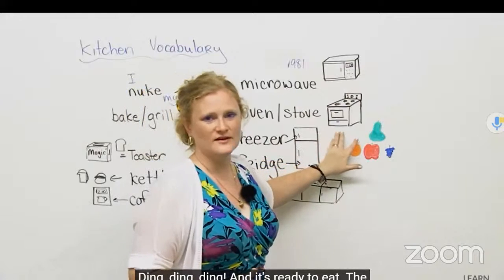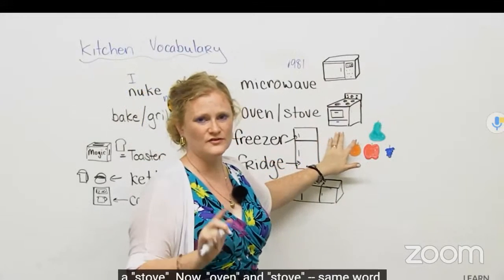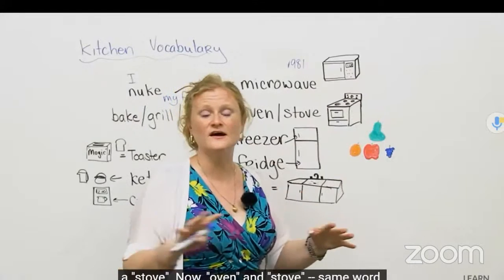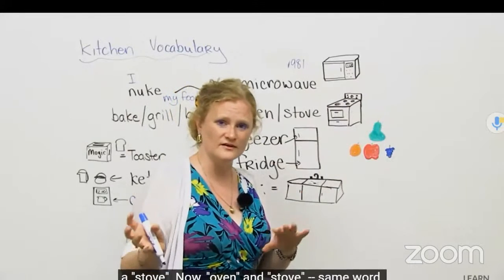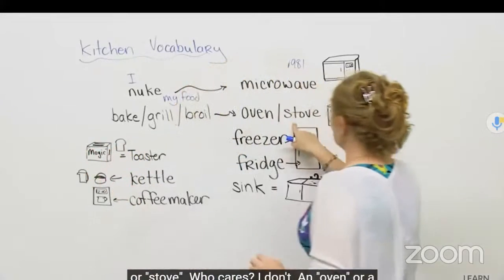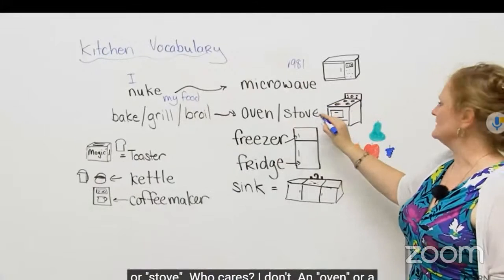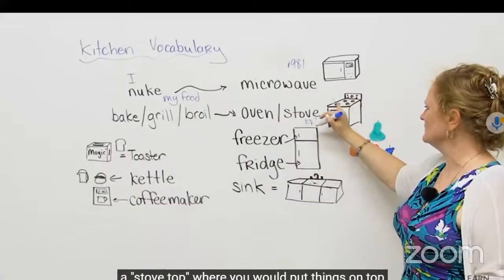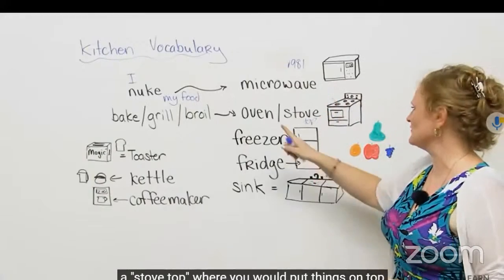The next thing that we have is an oven or a stove. Now, oven and stove, same word. It does not matter if you say oven or stove. Properly, the stove is actually a stove top, where you would put things on top of the stove top.